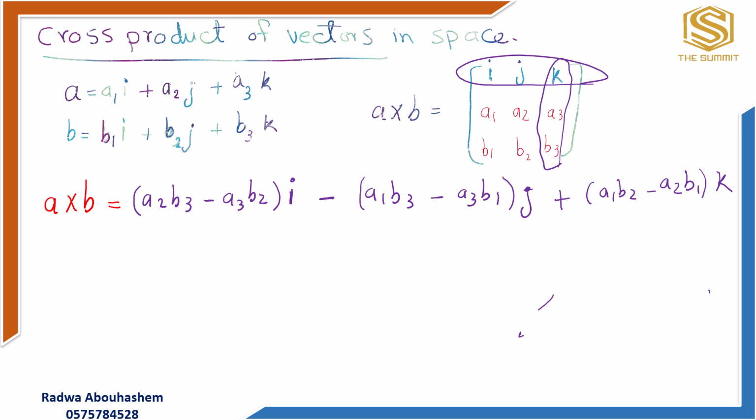Just two pieces of information that you have to know. If the cross product of A times B equals 0, this means that the two vectors are parallel.